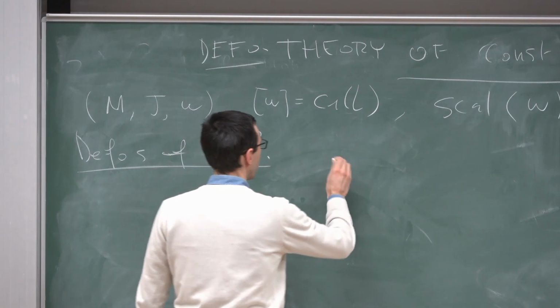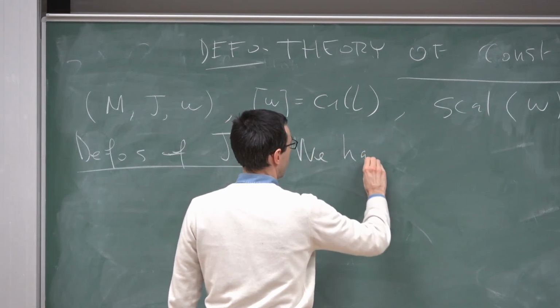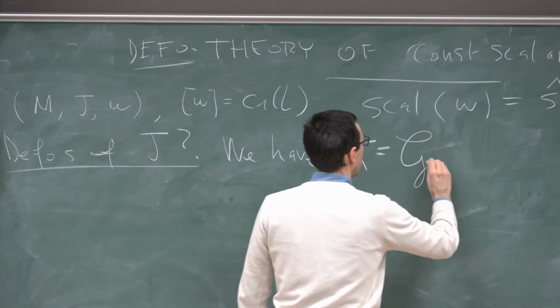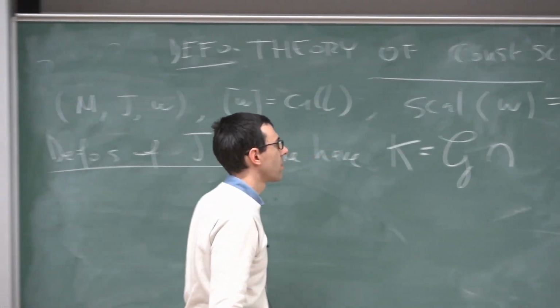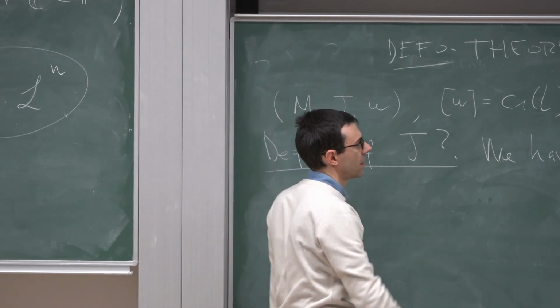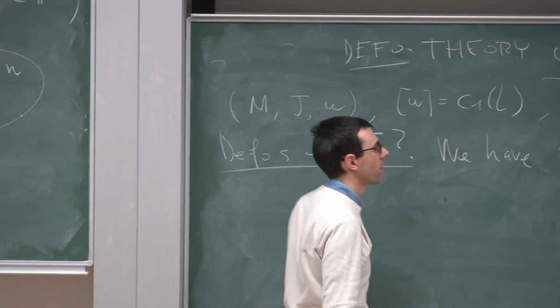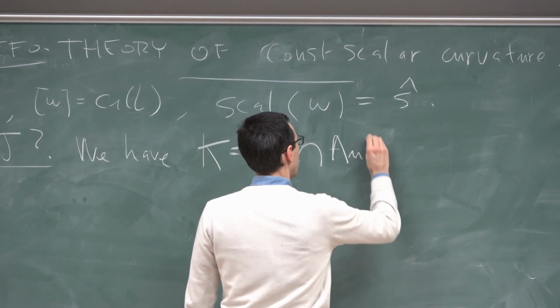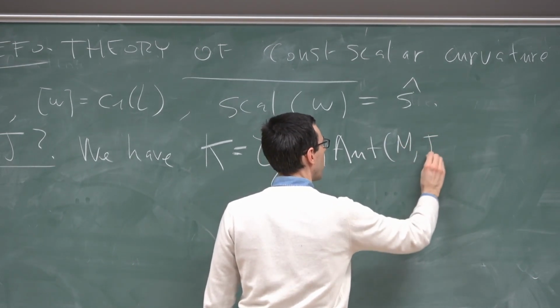So remember you have this group K, which is the intersection of exact symplectomorphisms of some underlying fixed symplectic form in this class with the automorphisms of (M, J) as a complex manifold.